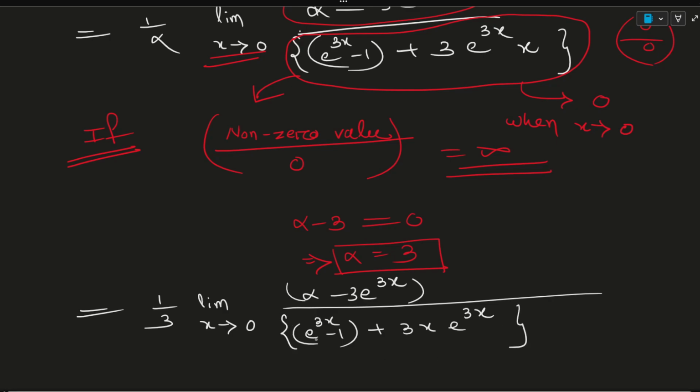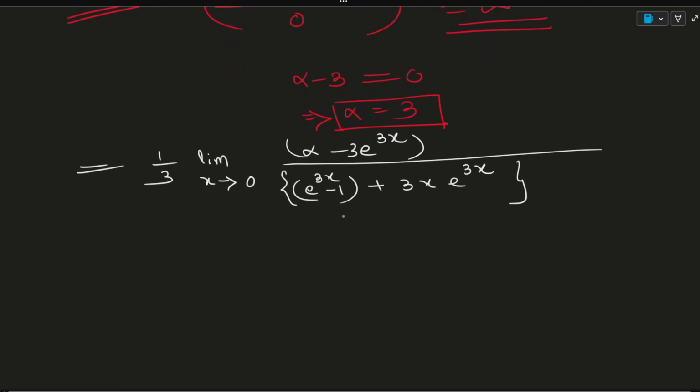So the question is in this format now. Then as the value of alpha is 3, I can directly put here 3 instead of writing alpha. Very clear?